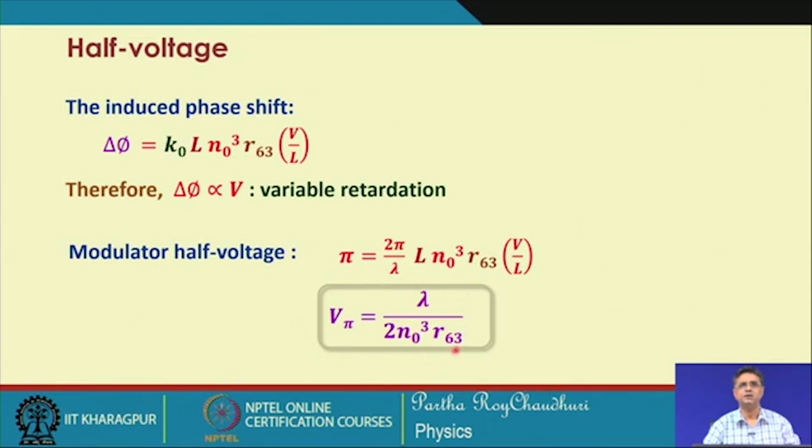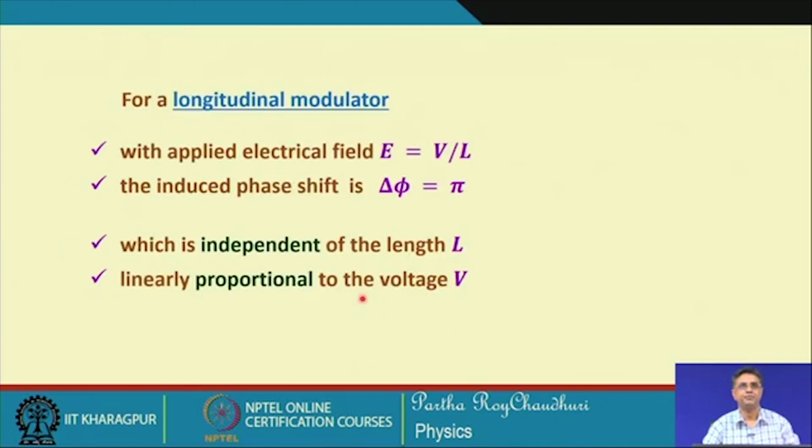These are all very similar to what we discussed in the case of gallium arsenide isotropic material, but the difference is that the coefficient r63 is very high, and additionally there are other configurations which will be even more advantageous for this KDP application.